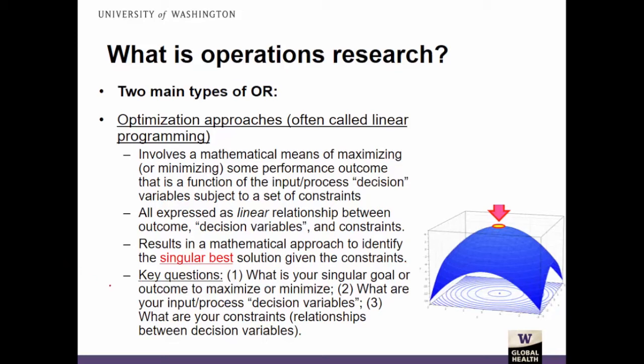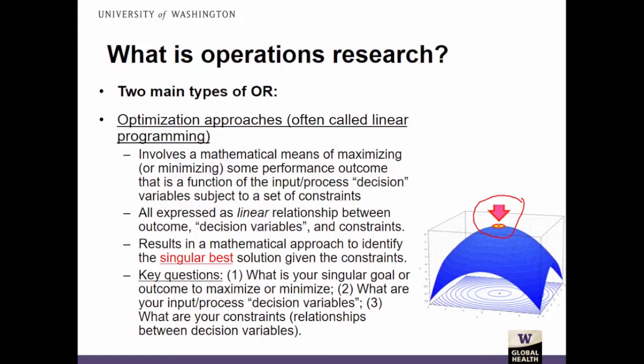So some key questions if you're thinking about doing an optimization approach are, what is your singular goal or outcome to maximize or minimize? Here on the right side, you can see an example of a surface that might have been generated from a mathematical equation. And then at the top, you have this arrow and this maximum point of the surface. So let's say we're trying to maximize patient consult time. This could be the point in the equation that, given all the factors, maximizes patient consult time.